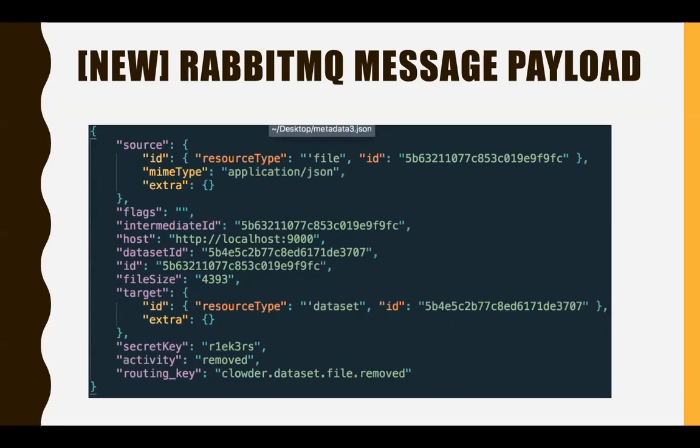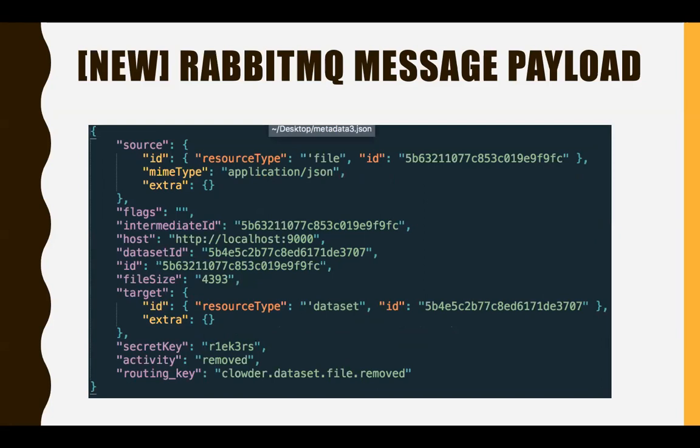Here's an example which is a little bit more involved. If you look at the bottom, activity says removed, and the routing key is Clowder dataset file removed. And at the top, the source is a file with an ID, and the target is a dataset with an ID. So basically, this is a message that gets sent over when a file is removed from a dataset.